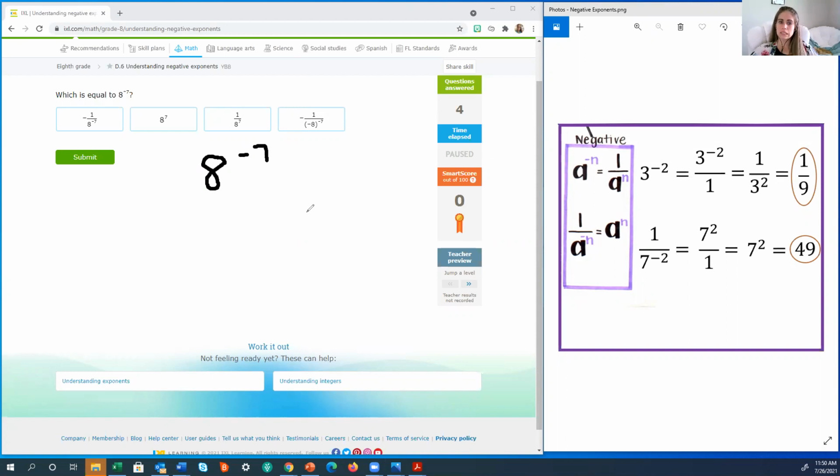Now, to make a negative exponent positive, we need to change what side of the fraction it's on. But do you see a fraction right now? No. So let's rewrite it as a fraction. How do we rewrite something as a fraction again? Put it over 1.